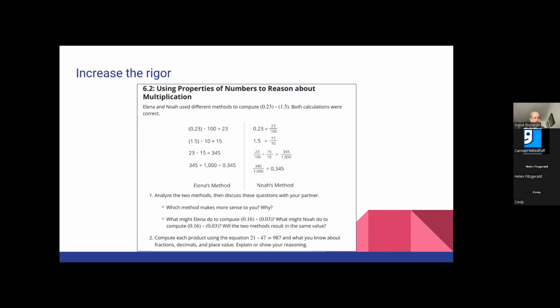And so validating that really does help students feel positive. So here we have 2 examples. In the first example, Elena multiplied 0.23 times 100 to make it a whole number, right? And goes through the problem, then divides it by 1,000 so that she could put the decimal back in the problem.